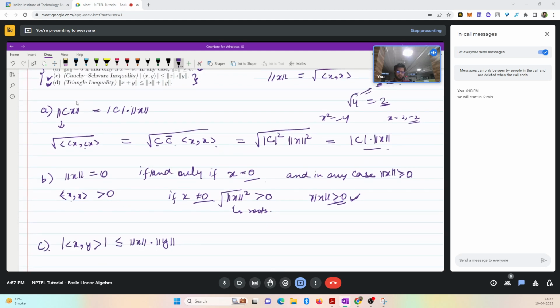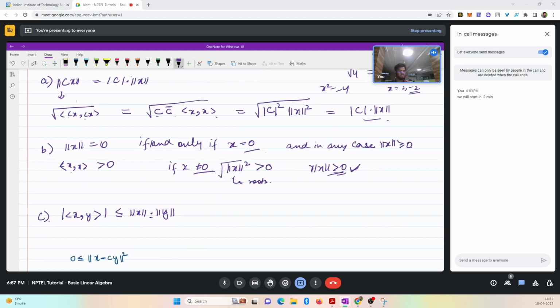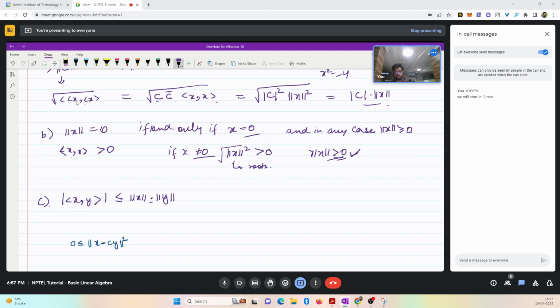This is not a dot product over here because these are scalar values, this is just multiplication. We want to prove this thing.